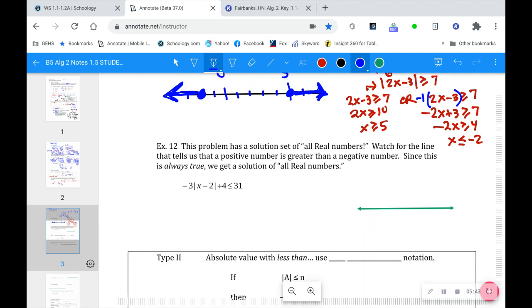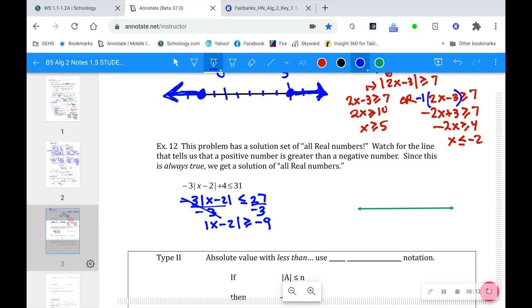Okay, we're going to run across a problem here that is always true. So first of all, subtract 4 from both sides. Divide by -3. And we get this x minus 2 is greater than or equal to -9.